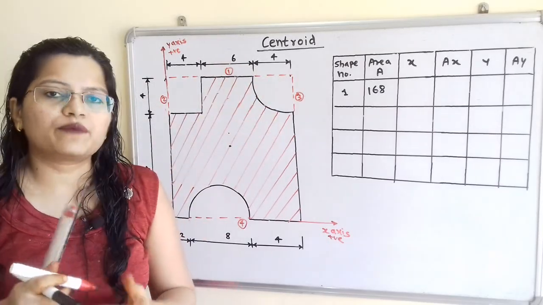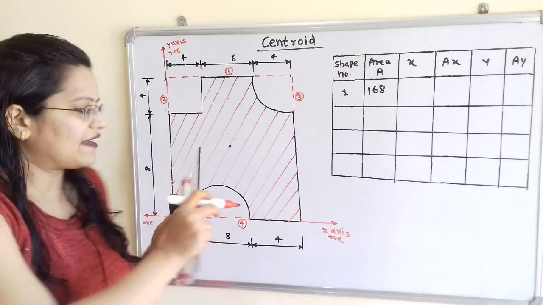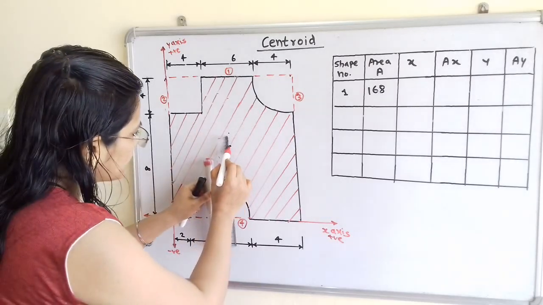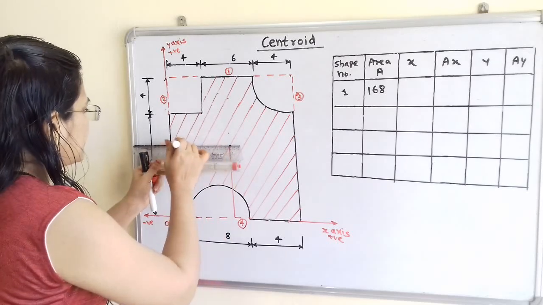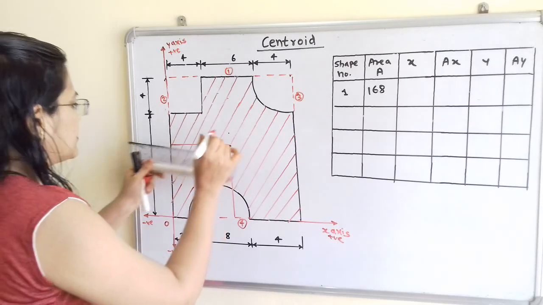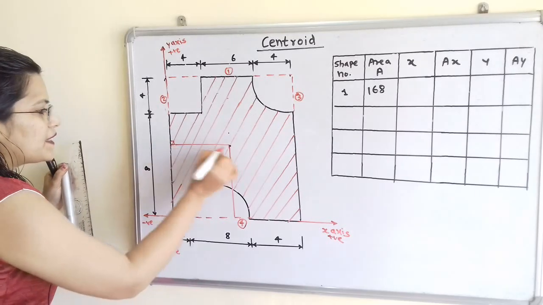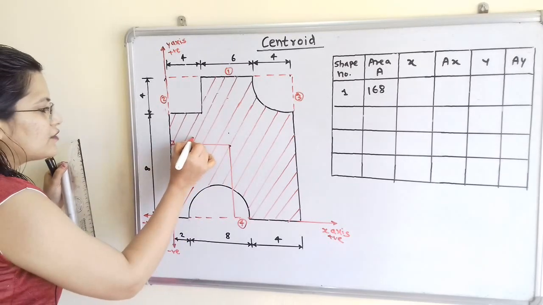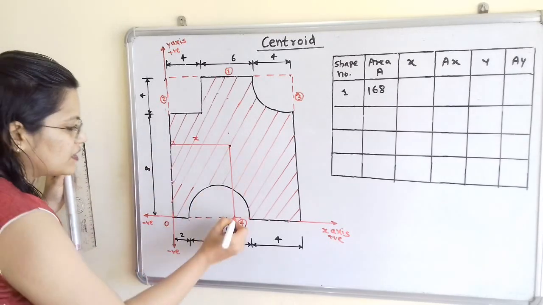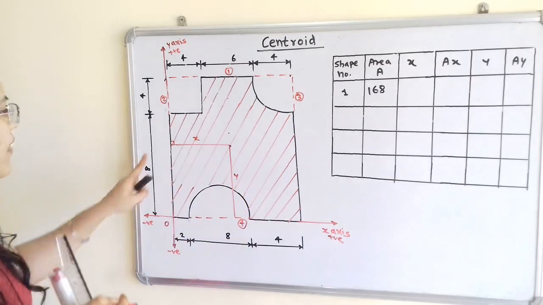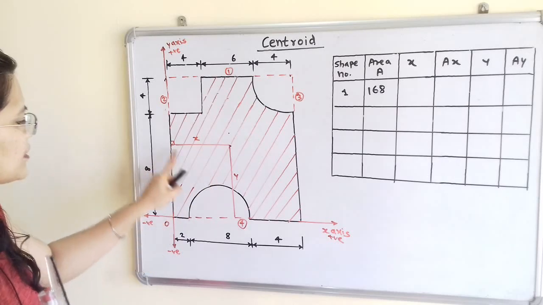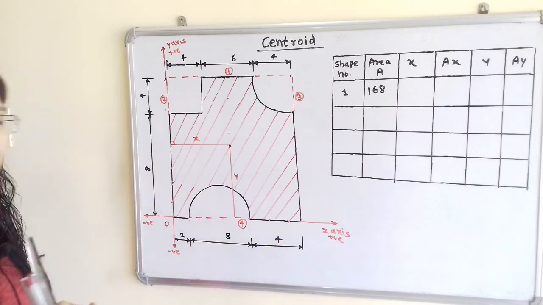Now second step, to draw two perpendicular lines. One is on x-axis and second is on y-axis. So these are the two perpendicular lines. Now for this perpendicular line, this is the horizontal line. So this is the value of x, and for this perpendicular line, this is the value of y. So we will find out the value of x. So this is the middle point of this 14.